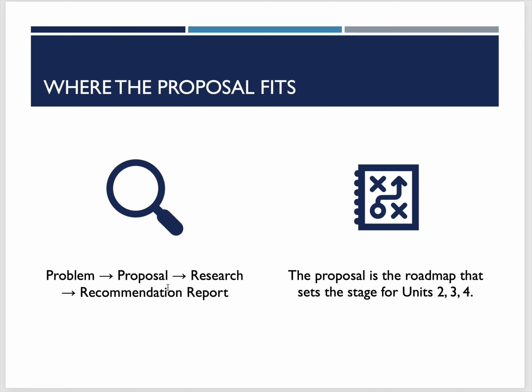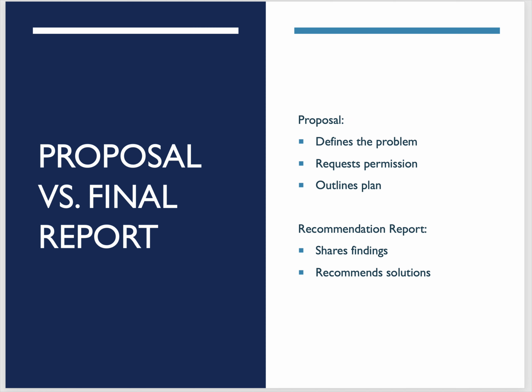So the proposal is the roadmap that sets the stage, like I just explained, for units 2, 3, and 4. So your proposal versus the final report. The proposal, which is unit 2, defines the problem, requests permission to research the problem, and outlines the plan that you're going to follow in order to do the research once it is approved.